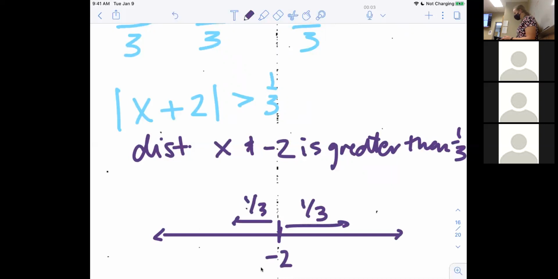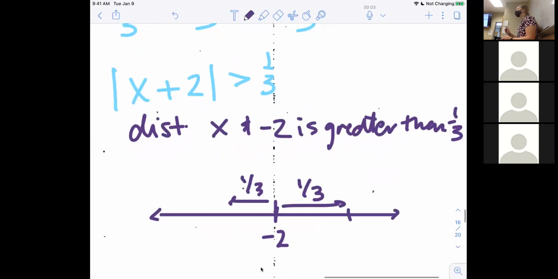Remember, it's a -2, so if I do -2 plus 1/3, -1 2/3. And then if I do -2 and then I minus 1/3, I get -2 1/3.